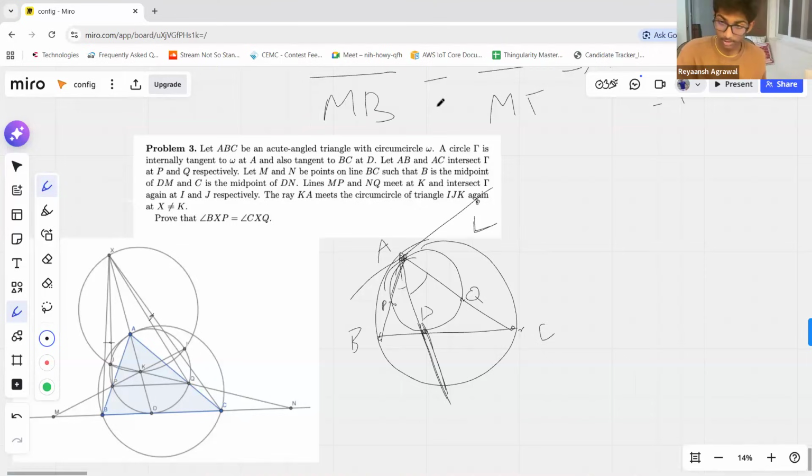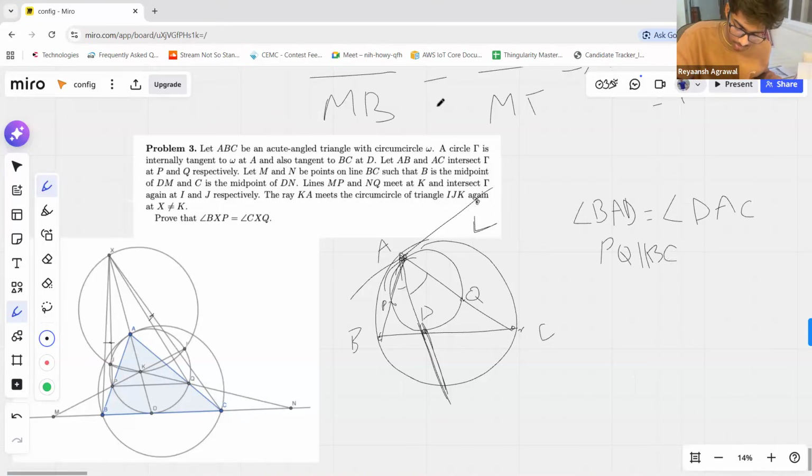But angle LAC is also equal to angle ABC. So APQ is equal to ABC. Right? So PQ is parallel to BC. So we have till now that angle BAD equals angle DAC. We also have PQ parallel to BC.